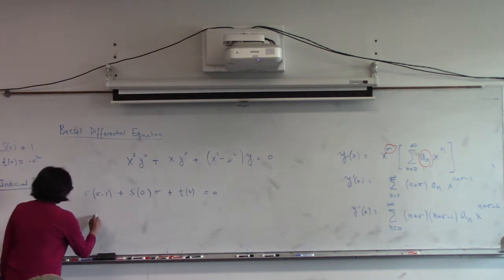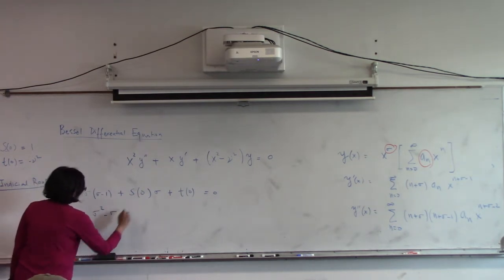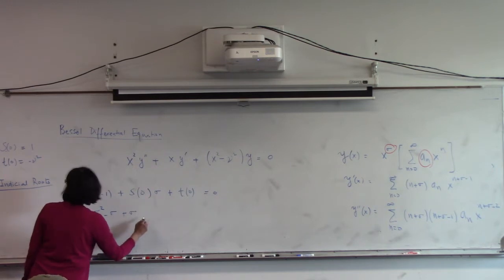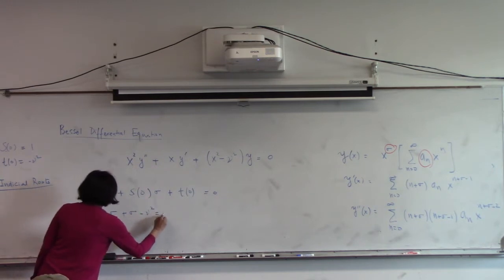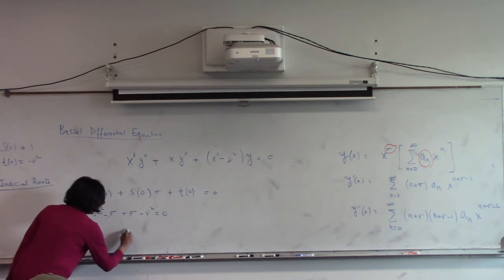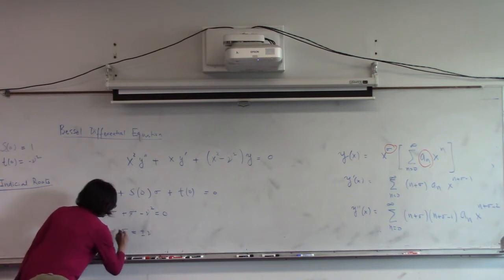That's sigma squared minus sigma plus sigma, and t0 is negative mu squared, equal to 0. So sigma is either plus or minus mu.